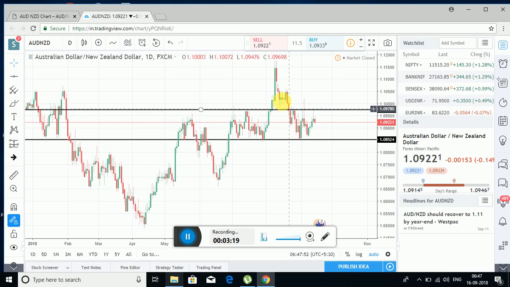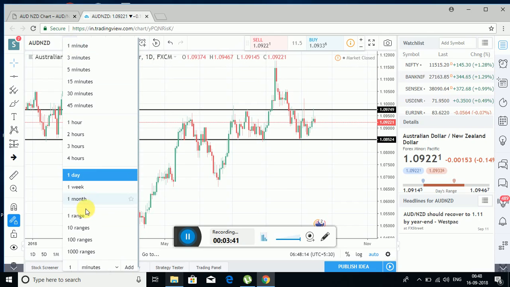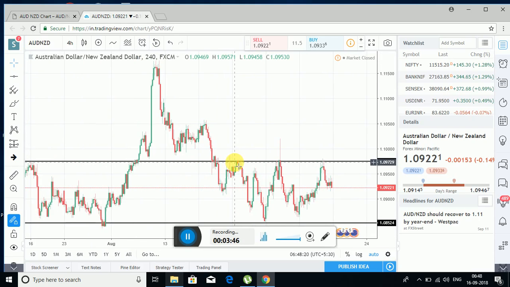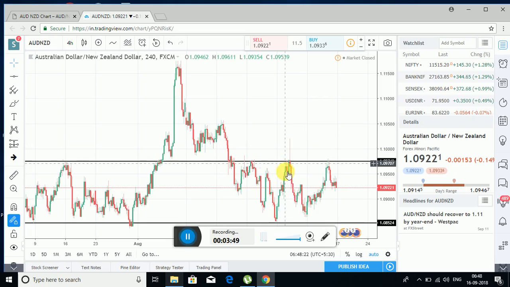So I can see that we are in a range, and right now I see these two wicks which are rejecting the higher prices. This is a wick again, which shows us a rejection of the upper prices, and right over here we see another wick as well. So let's go down and look at the 4-hour chart. And what do we have in our 4-hour chart? In the 4-hour chart, you can see this is a spike out, again rejecting the upper prices. Once this rejection occurred, the market came down.